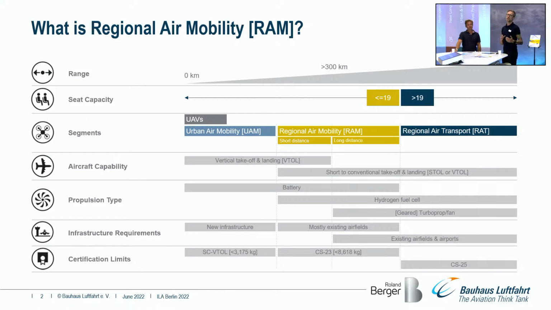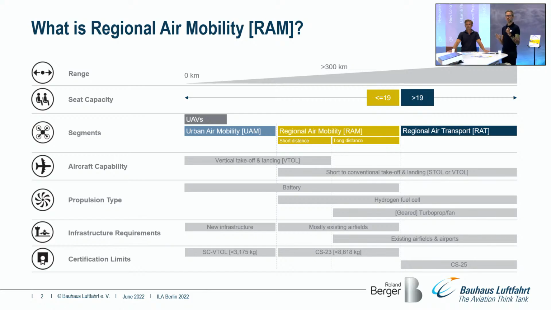If we go to smaller ones like UAVs and also urban air mobility, where we're talking about carrying 2 to 4 people, mostly vertically, then we are in that sector. Between these two segments, there is an area that we define as regional air mobility: transporting fewer than 19 people with a range of 100, 300 and even more kilometers.